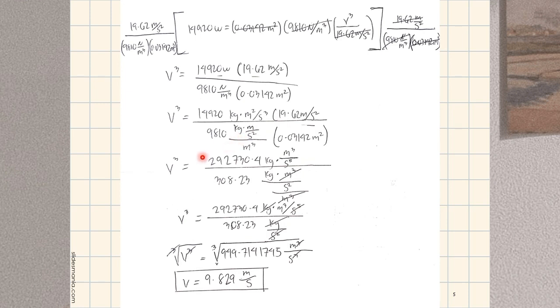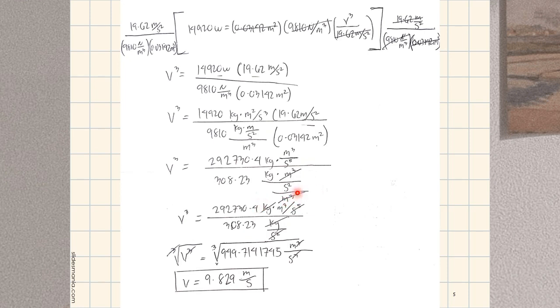As we multiply this, we have the answer of V raised to 3 equals 292,730.4 kilogram times cubic meter over second raised to 5. Then we multiply 9,810 times 0.03142 meter squared, so the answer is 308.23 kilogram per cubic meter over second squared.